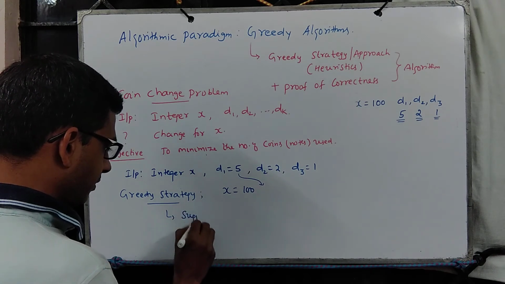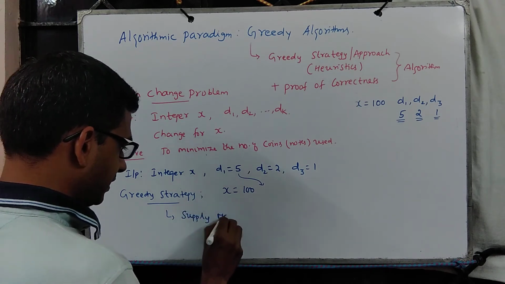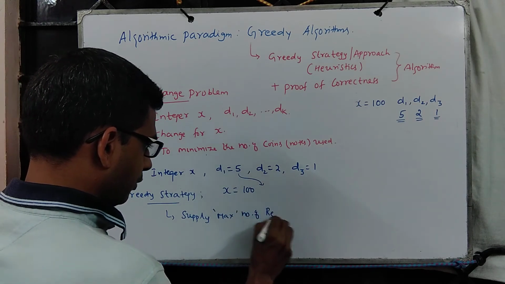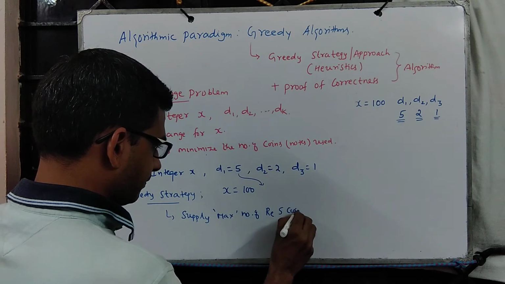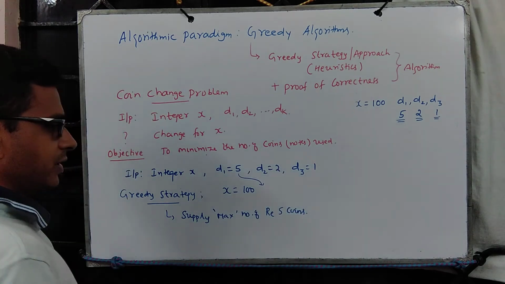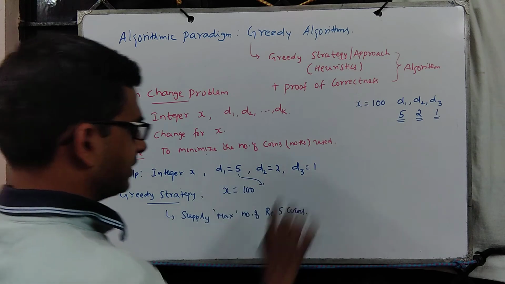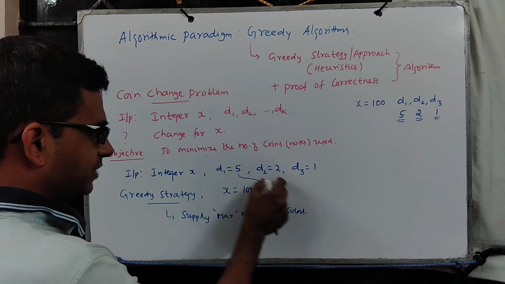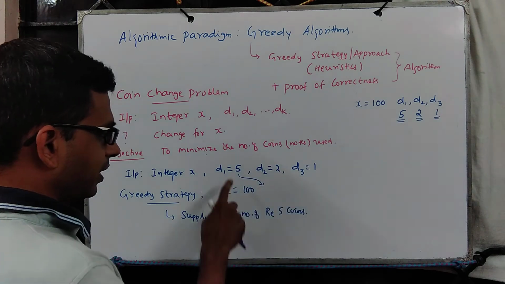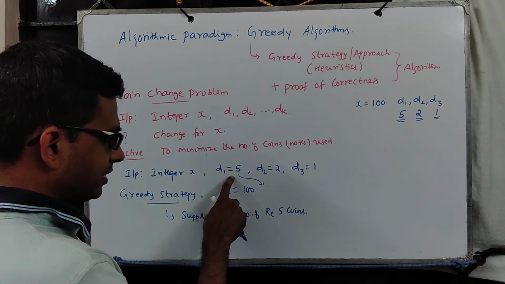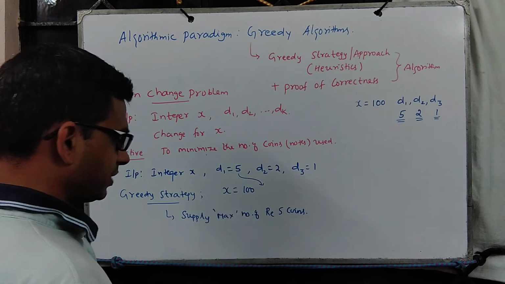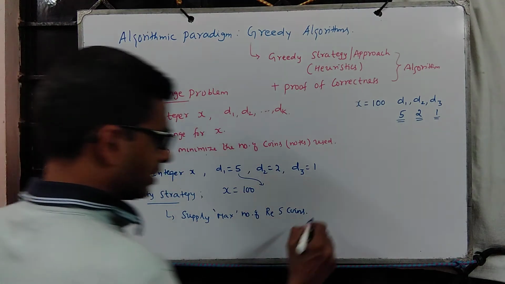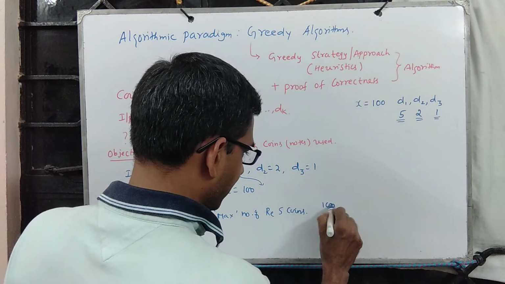So supply the maximum number of rupee 5 coins. In the sense that you sort the denominations in decreasing order, so this gets maximum, second maximum, third maximum. Supply the maximum number of the first, then the next. So you try giving 100 by 5.